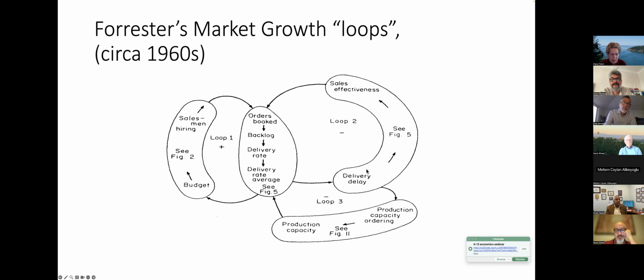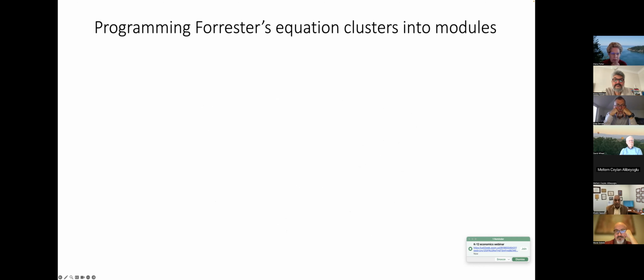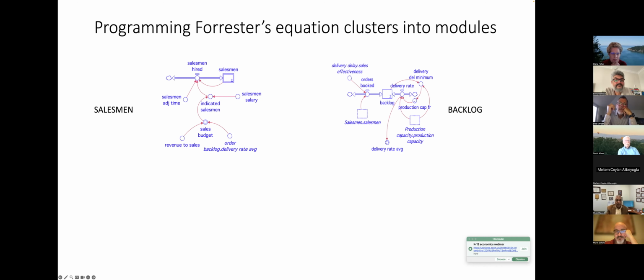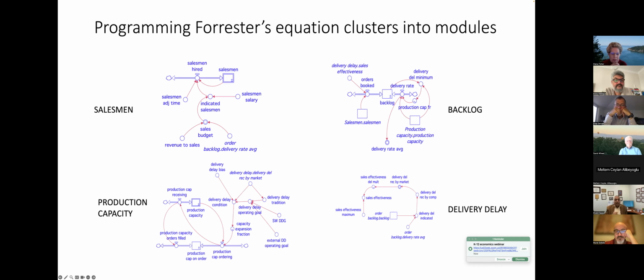And each of these sausages, in fact, is a sector which contains a set of equations. And it's fascinating that he had this idea of how to connect the computational process to an explanatory process, which was the feedback loops. And what I did was I took the clusters of equations, which he called these sectors, and I programmed them separately in terms of stocks and flows, and placed them in the modules which are available in Stella.